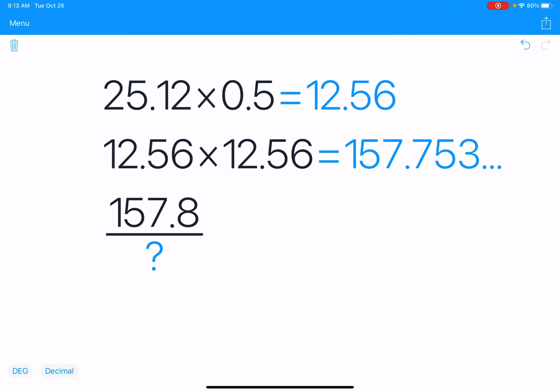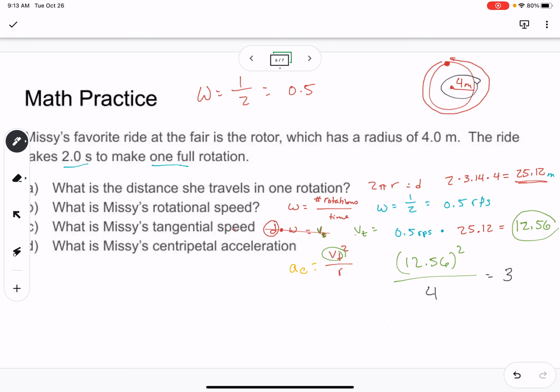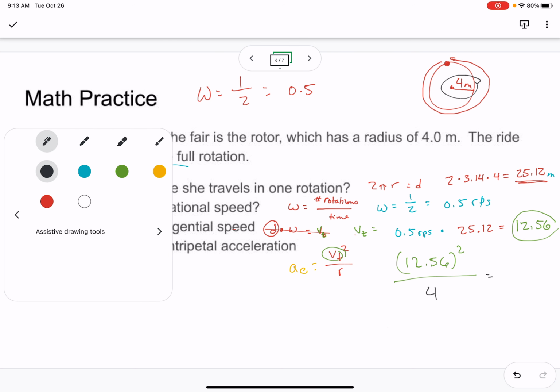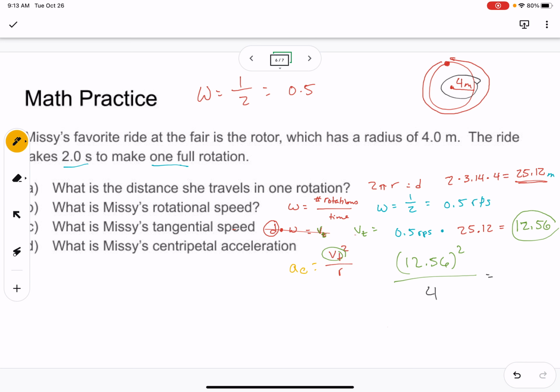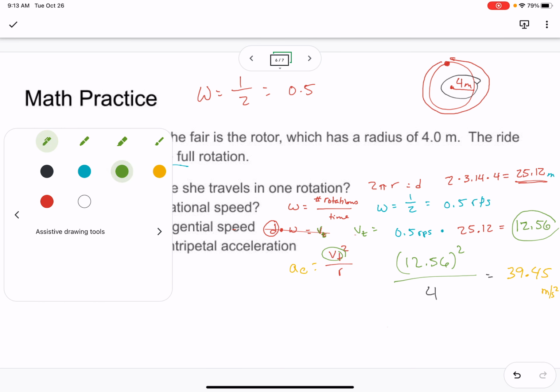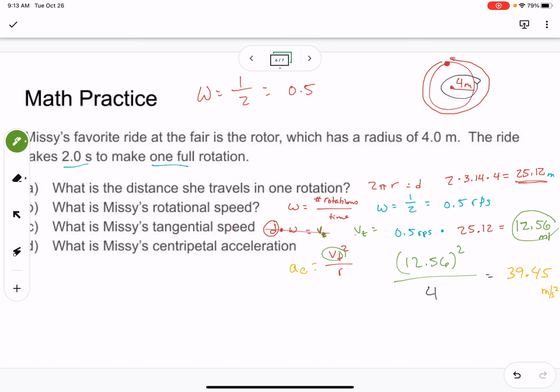That gives 39.45. All right, so those are all of the notes for today. Oh, hold on, what's the unit on this? Centripetal acceleration is meters per second squared. This is meters per second. There we go.